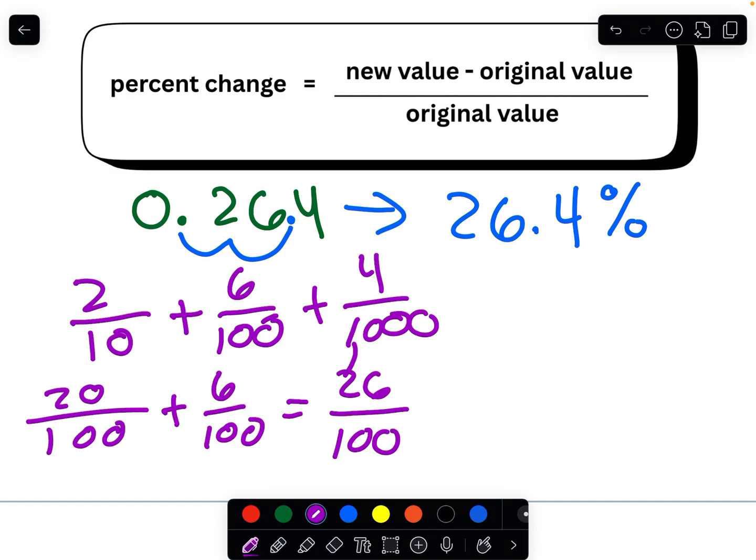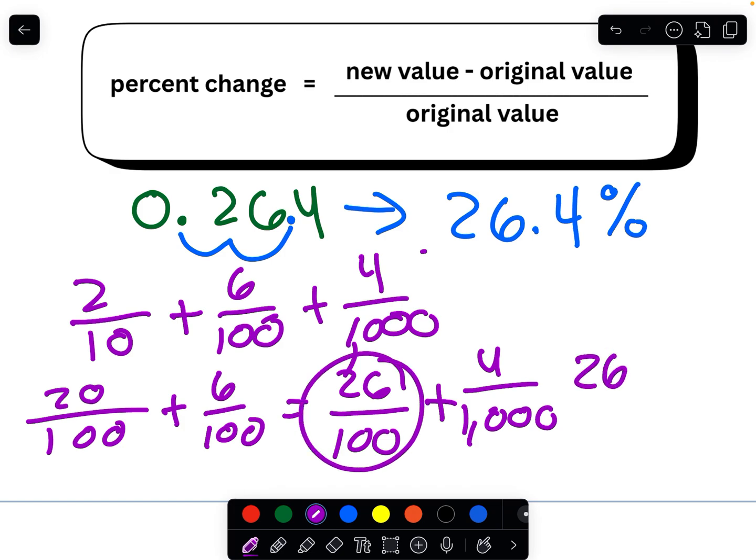And then, depending on how far you want to round the number, we're going to add the 4 out of 1,000. Remember, this is the percent that we're dealing with, so we get 26.4%.